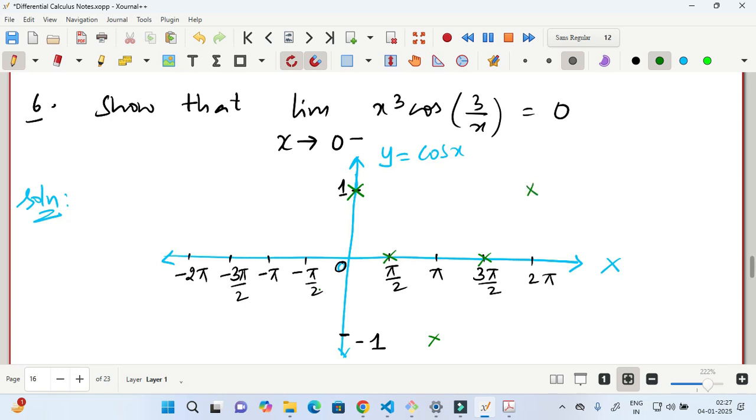Next, cos minus pi by 2 is 0, cos minus pi is minus 1, and cos minus 3 pi by 2 is 0. Cos minus 2 pi is 1. So now let's plot the curve. All the values will be like this.